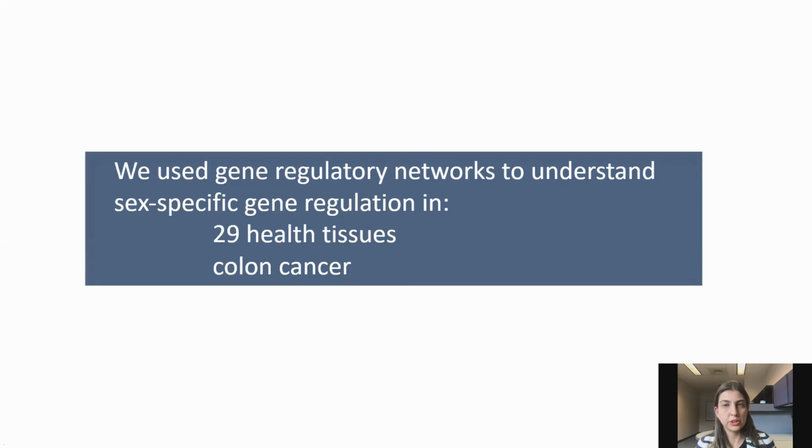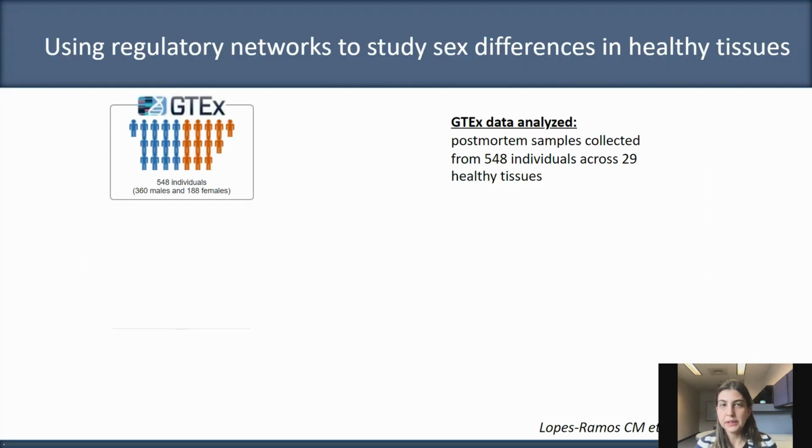So I want to show you how we apply this network approach to study sex-specific gene regulation across 29 healthy tissues, and in the second part, how we did this analysis in colon cancer. So to start with the sex differences, we use the GTEx dataset.